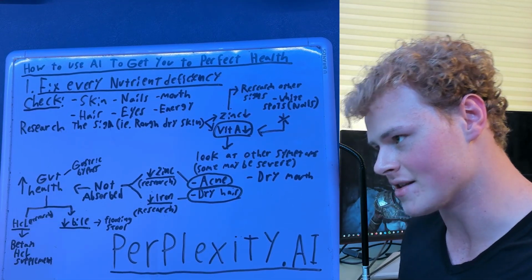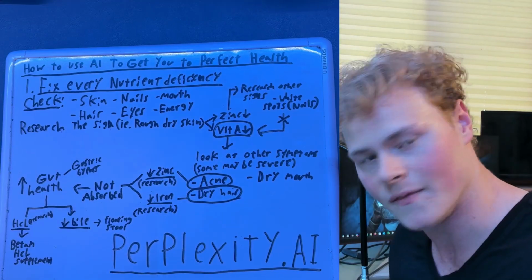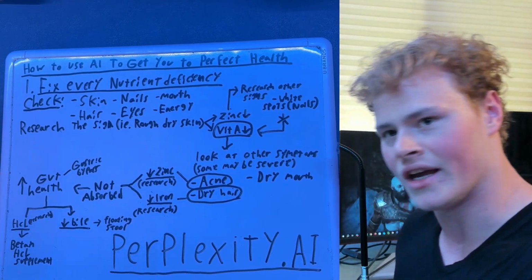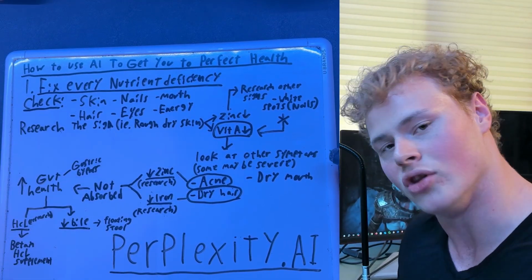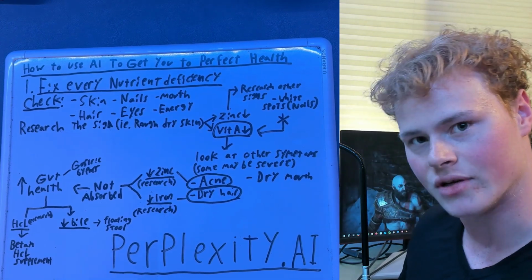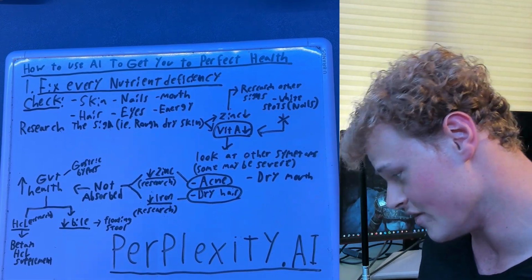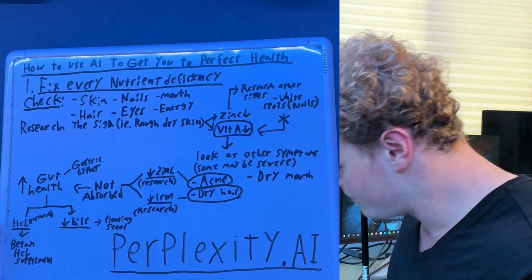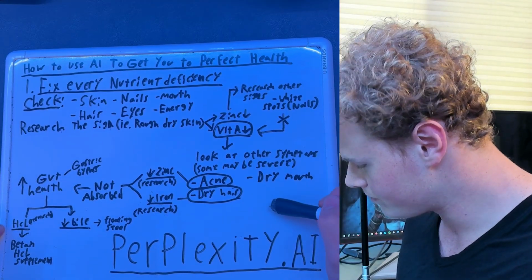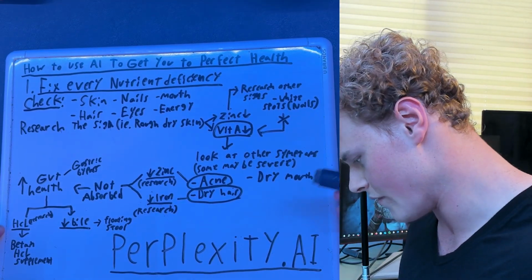So that doesn't necessarily mean that you're not deficient. It means you're not extremely deficient. So you could be low in that nutrient and it still could be causing you problems, so you still need to optimize it. So, look at the other symptoms for vitamin A.